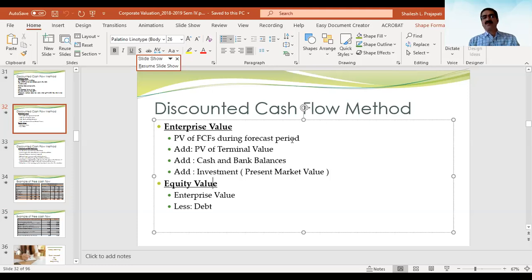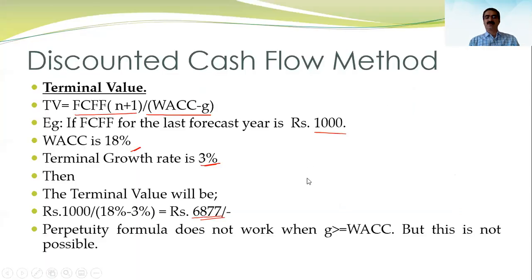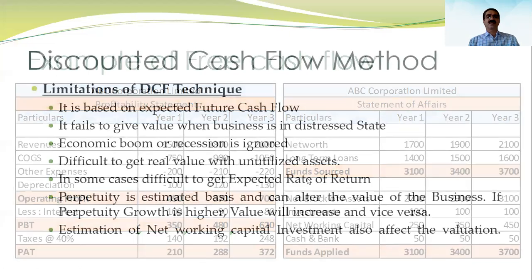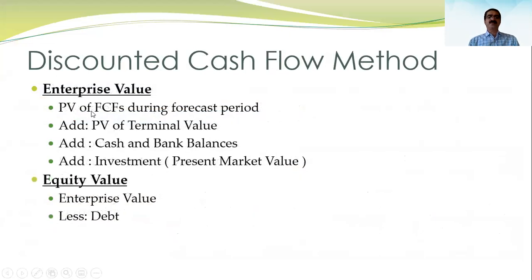And today what we have calculated, I'll just share the screen with you. Today what we have done just now is enterprise value. So enterprise value is the PV of the FCFF during the forecasting period, which we have called the explicit period. We have added, if you remember, the PV value of terminal value. So we said that this is the value of the firm.